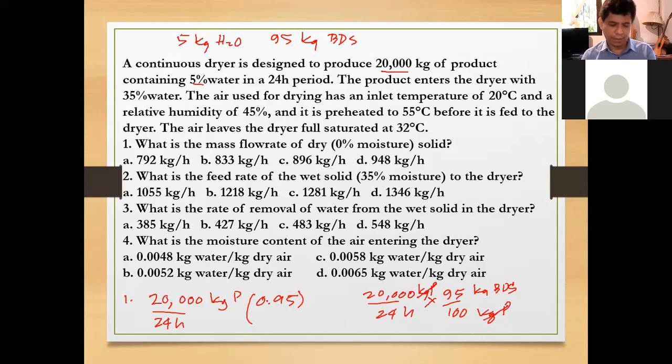So 20,000 divided by 24 times 0.95. Minsan yun yung mine-measure ng board exam, yung marunong kayong mag-analyze ng problem kahit walang formula. What's the answer? Letter? Be able to get 792. Yep, very good, letter A.